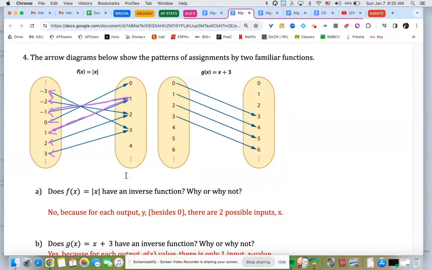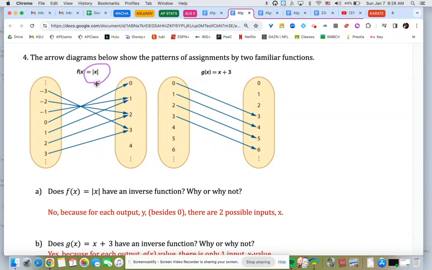So we would say that the inverse of this is not a function. Sure, I can think about the inverse and I can talk about the inverse, but it's not a function, right? It maps to two different places. So for every input, remember this becomes the input now, it does not have one output. Sometimes it has more than one output. It might have two outputs. So the inverse is not a function.